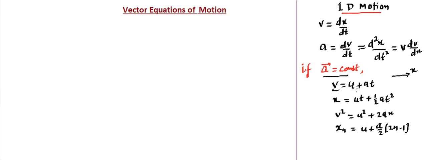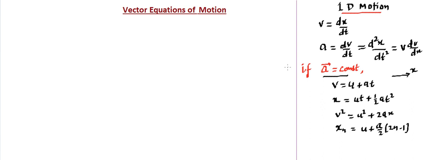Here u, v, a are vector quantities and they can carry their sign. So if they have a plus sign, that means they are moving in the positive direction, and if they have a negative sign, that means their direction is in the negative x direction.